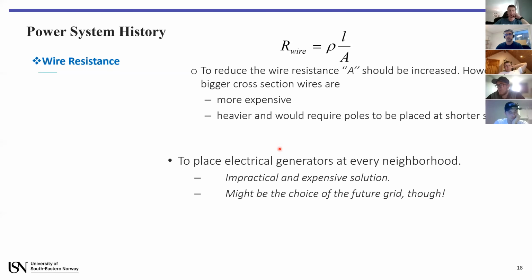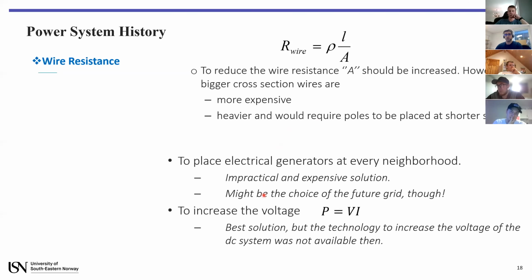Now we have this. We have renewable energy on the roof, solar panels, but at that time it was impossible. So the length, we cannot change it. So what should we do if we want to increase the power? What's your solution?